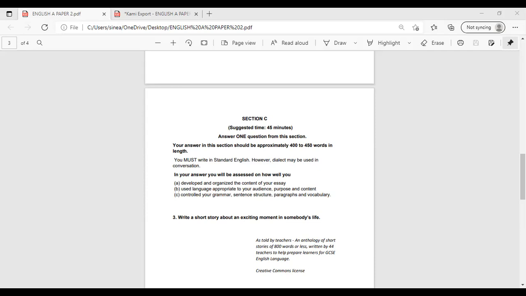So again, it doesn't matter what you are given, you have to be able to establish events, you have to be able to establish conflict, you have to have actions in your story, you must have setting, and of course, character in your setting.